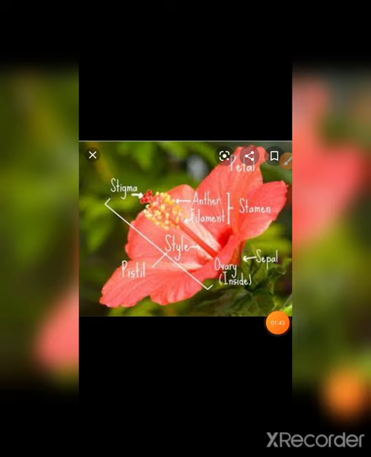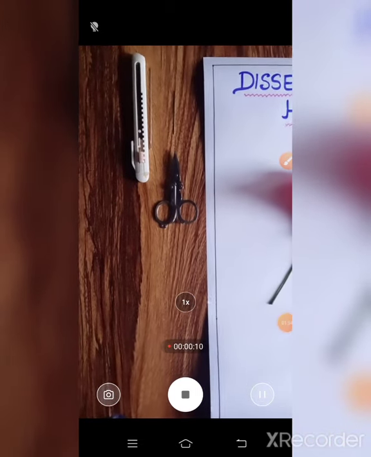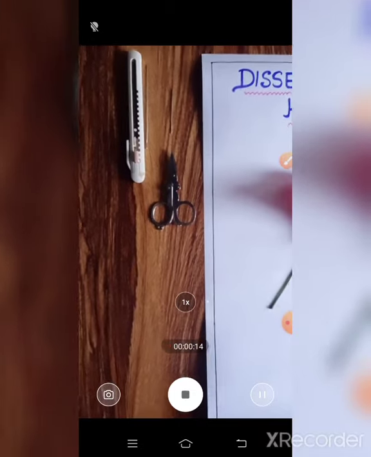So, in this video, I am going to show the parts by dissecting a hibiscus flower. Let's go to the video. For dissecting a hibiscus, I am going to use the blade, needle and the scissor.